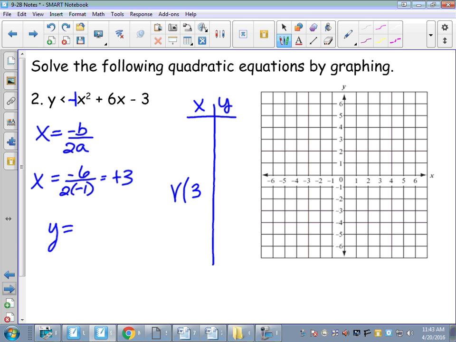So negative 1 is 6. My vertex is at 3, 6.